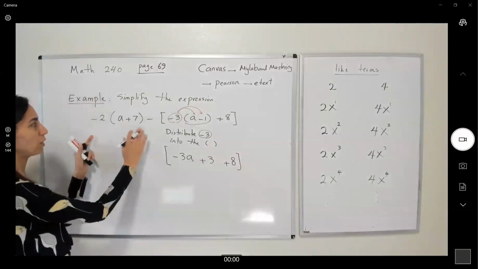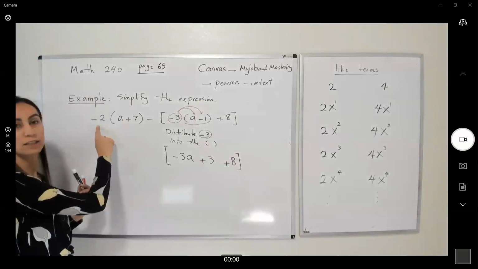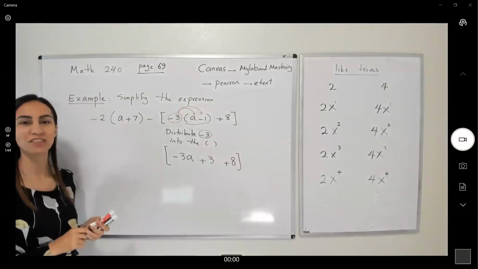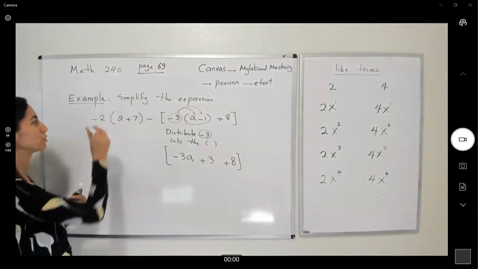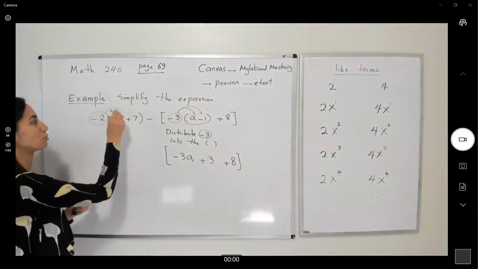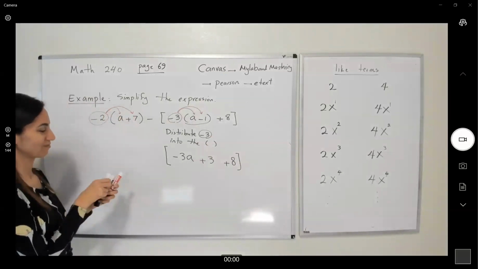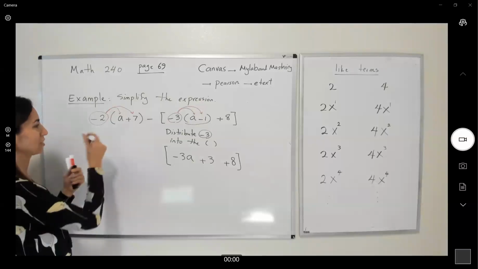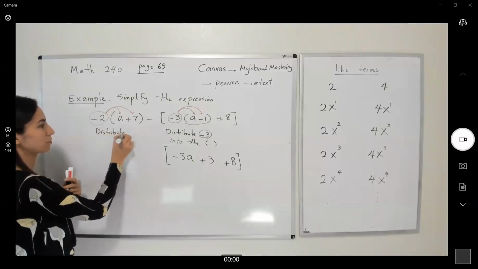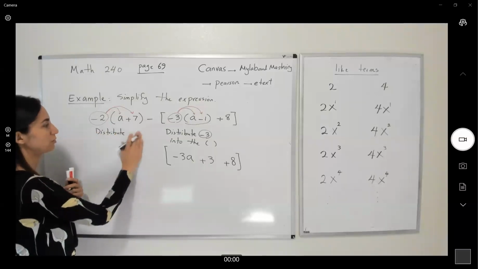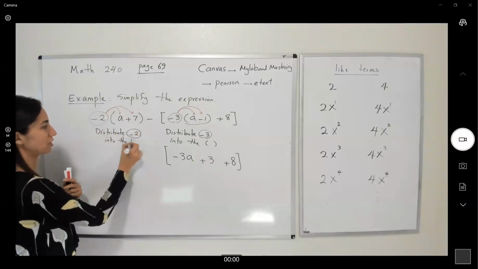Okay, what about the first expression here? You have -2 in front of parentheses a plus 7. So of course you can distribute -2 into the parentheses.